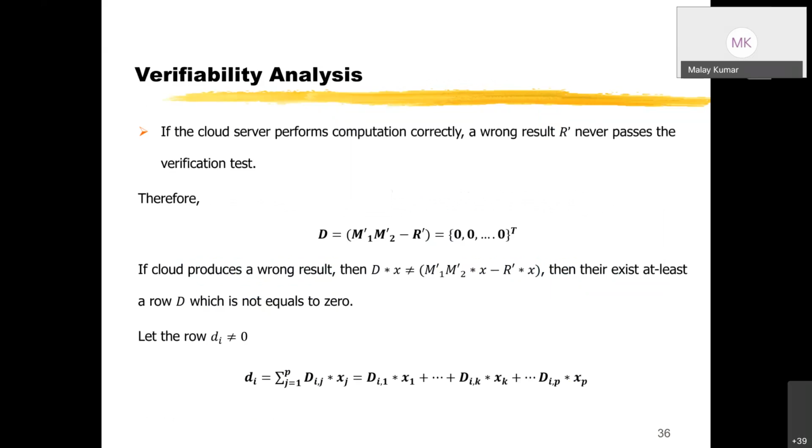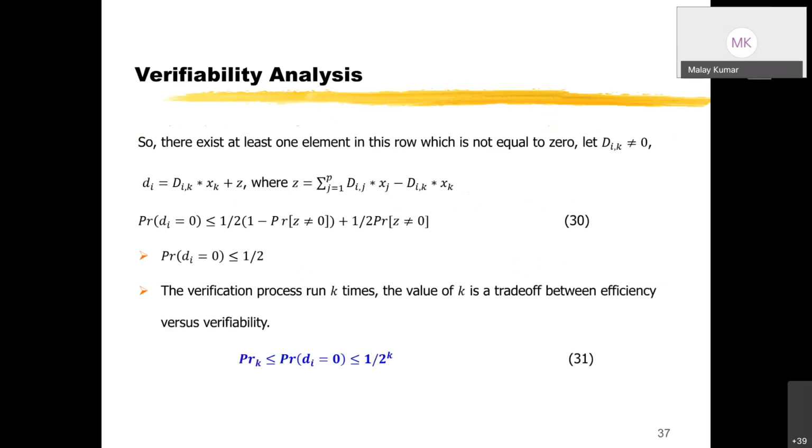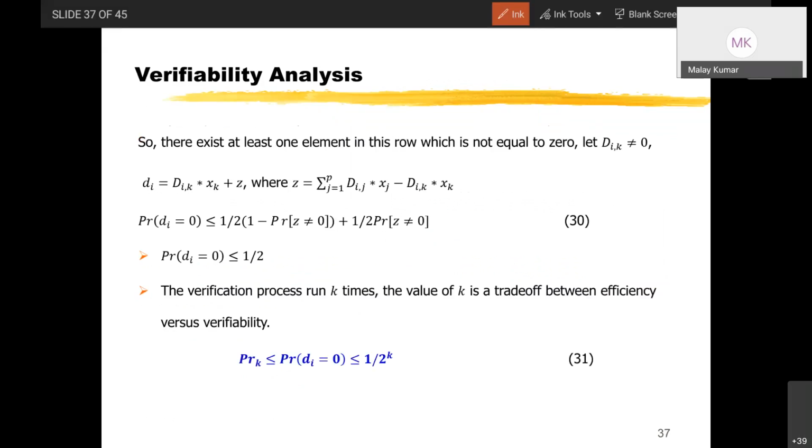Then the verifiability analysis. This method is able to perform the verification when the verification algorithm is run for k times, and this k defines what kind of efficiency and checkability you want to implement in the method.